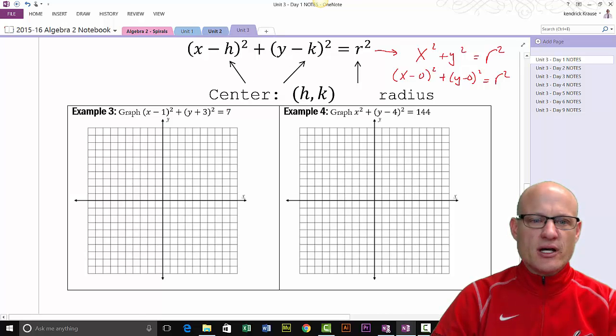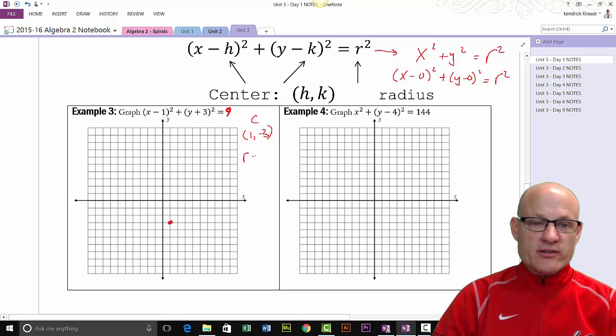I'm going to change this to, let's go with 9. I don't know why I would put 7 there. So, my center is (1, -3). So let's plot that. 1, 2, 3. There's my center.